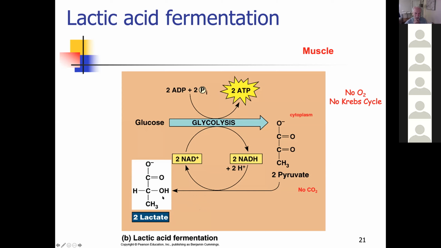And that happens by adding protons to this carbon. You go from a carboxyl to a hydroxyl plus another hydrogen. And this is lactic acid. So in muscle, in contrast to microorganisms, you don't lose CO2. You convert a 3-carbon compound to another 3-carbon compound, lactic acid. No carbon dioxide is produced.